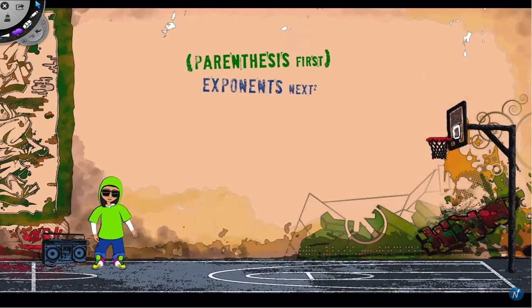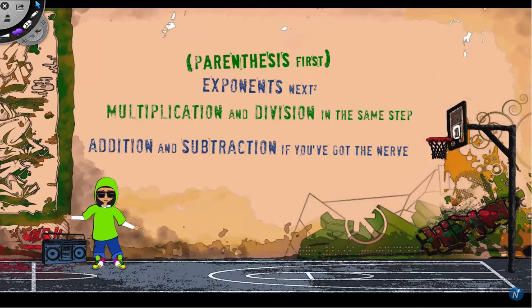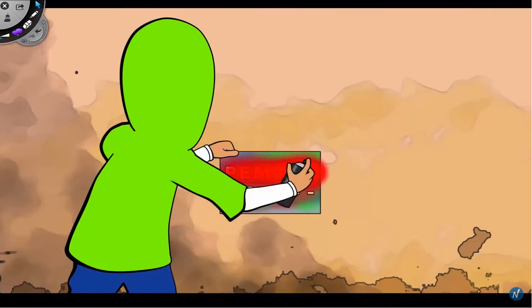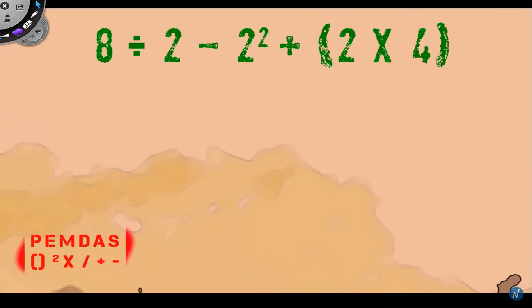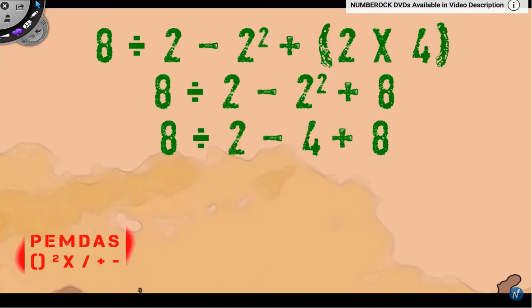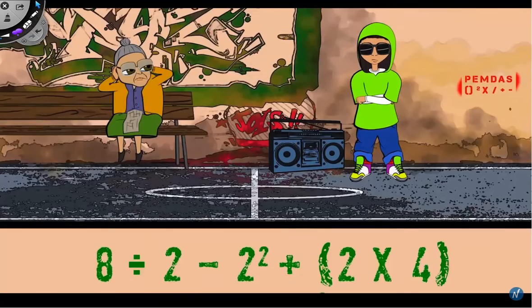Parentheses first, exponents next, multiplication and division in the same step, addition and subtraction, if you got the nerve, from left to right, first come, first serve. Parentheses first, 2 times 4, the product's 8. Are you ready for more? Exponents next, 2 squared is 4. Let's move down like we did before. Time to divide or multiply. Let's see what we got. Take a look at the signs. Divide the 8 by the 2. The quotient's 4, and we're almost through. It's finally time to add or subtract. 8's the answer, and that's a fact. Bring that down.